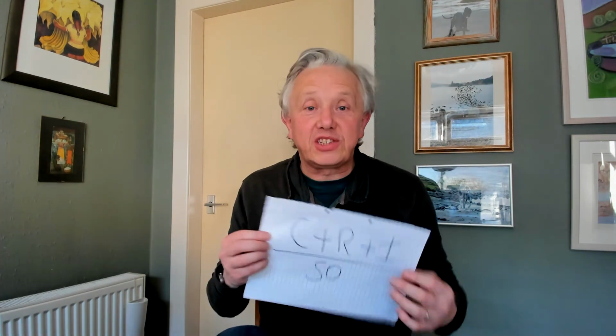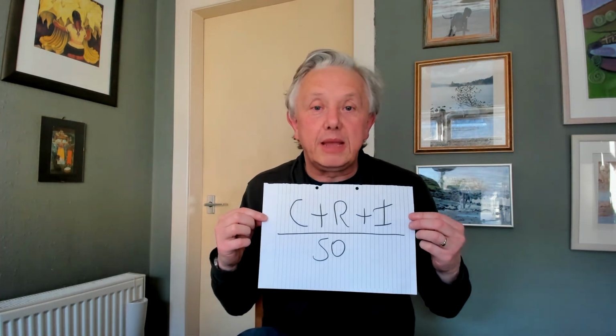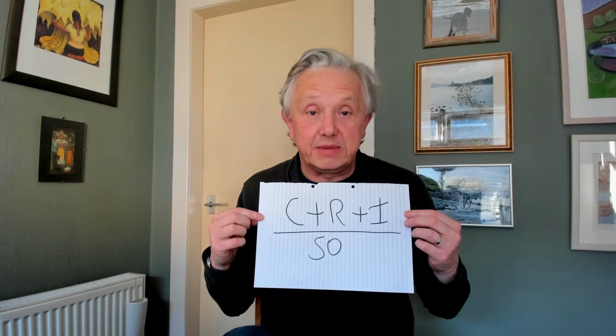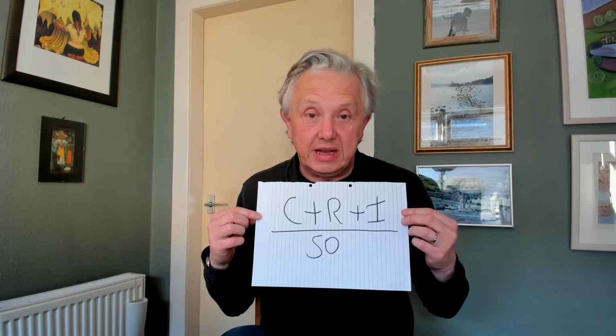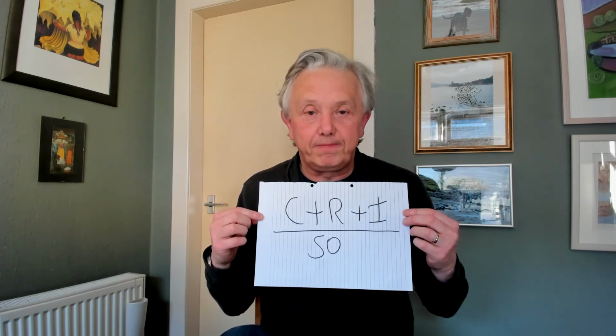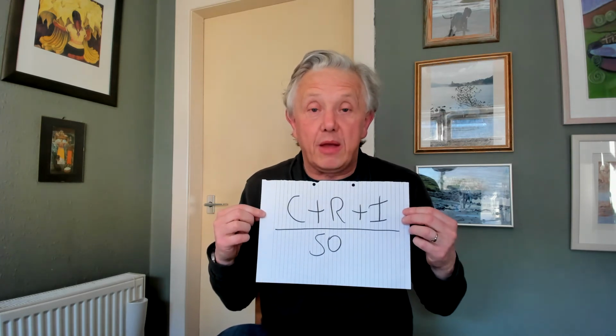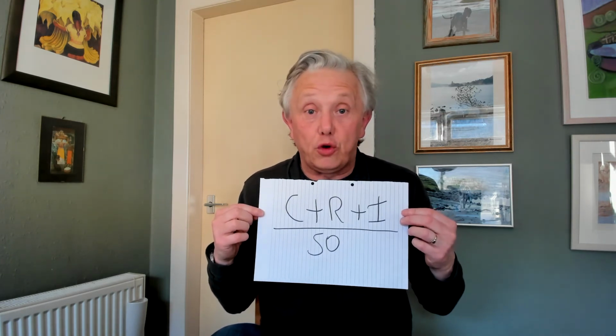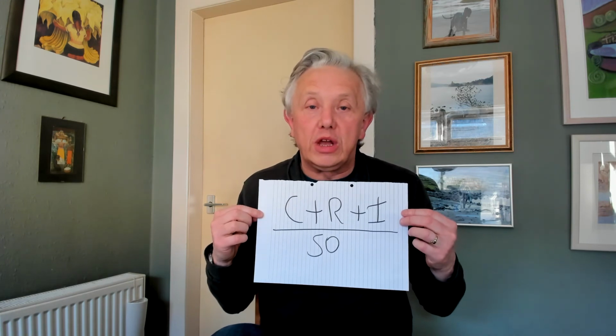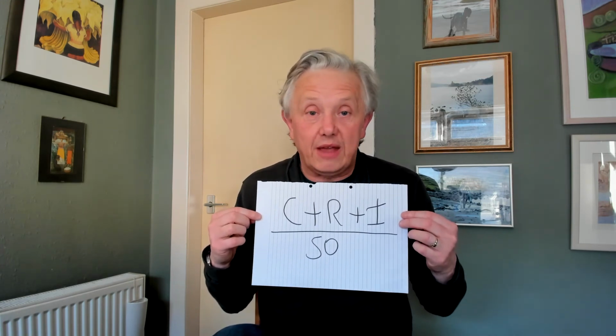So here's the trust equation. Credibility plus reliability plus intimacy divided by self-orientation. How I like to use this model is to get people thinking about the one element out of the four that needs a little bit more work, and have them concentrate on that for 2, 3, 4 weeks.